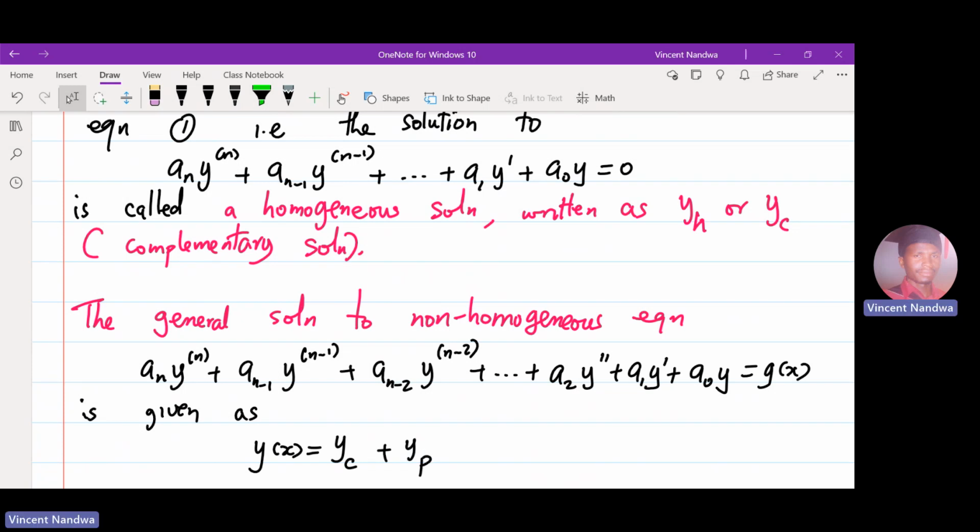That simply means you take the complementary solution of the homogeneous equation and then add the particular solution of the differential equation. Remember, the homogeneous solution and complementary solution have the same meaning: what you get after equating the right-hand side of the non-homogeneous equation to 0.